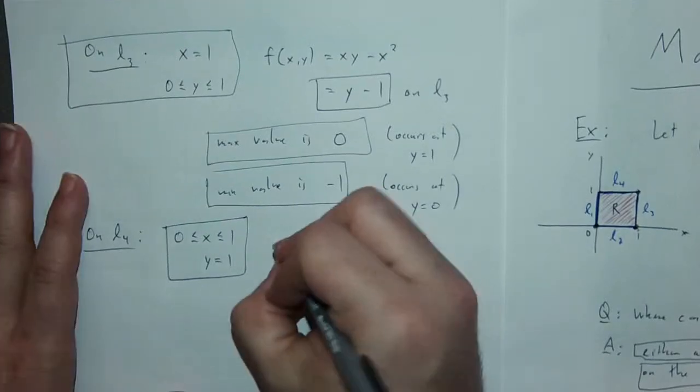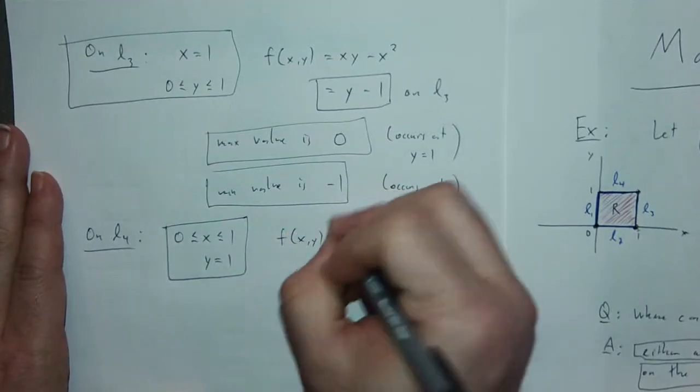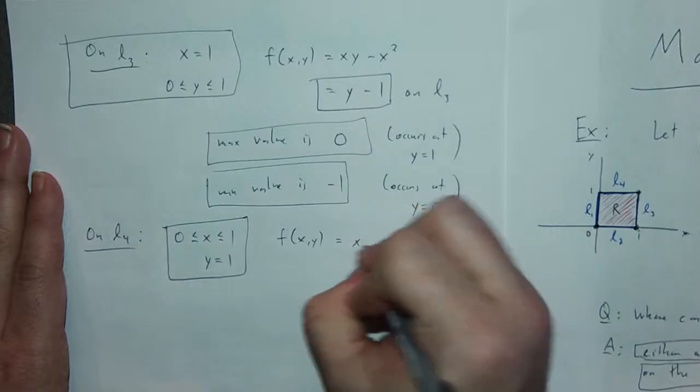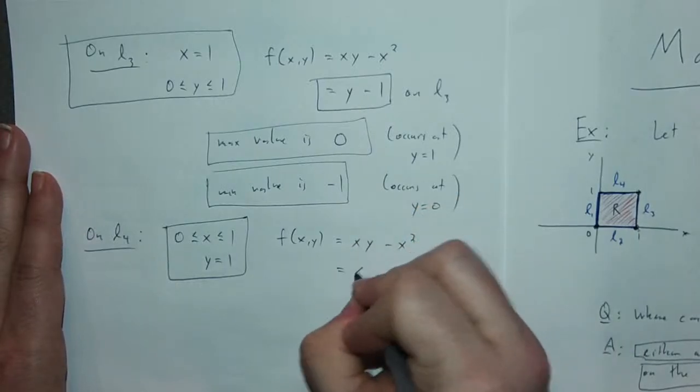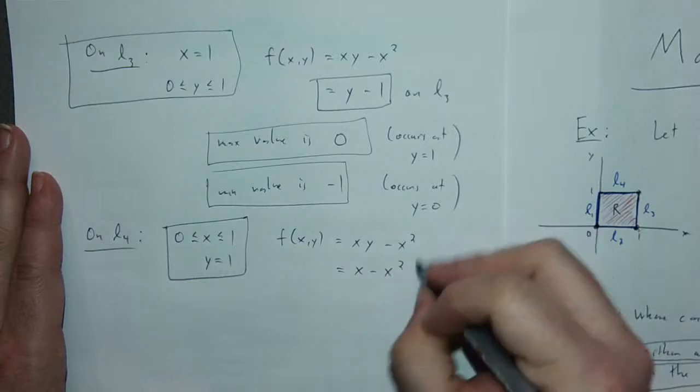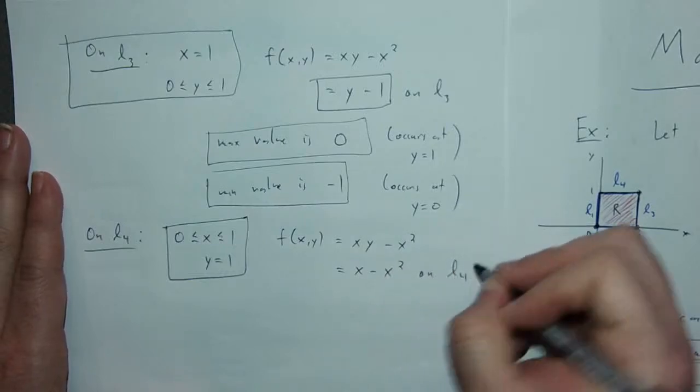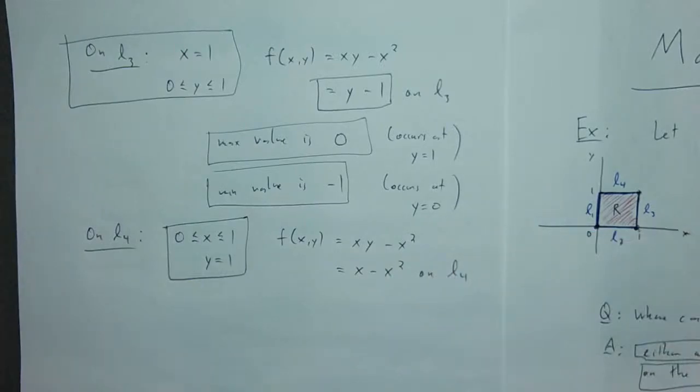Okay, and so what does f look like? So f of x,y is xy minus x squared. If y is equal to 1, this becomes x minus x squared on L4. So now we have arrived at a function that we can't just look at and find what its max or min is.